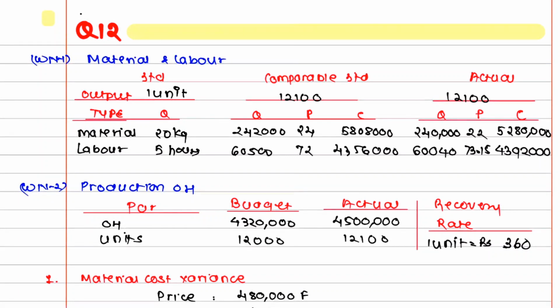The first variance, the very first: 360 for every unit, into... tell me. 1 lakh adverse? Very few people remember: 1,44,000 adverse. What did you decide on the first day? When you sell one unit, you will recover how many rupees? 360. How many have you actually sold? 12,100.